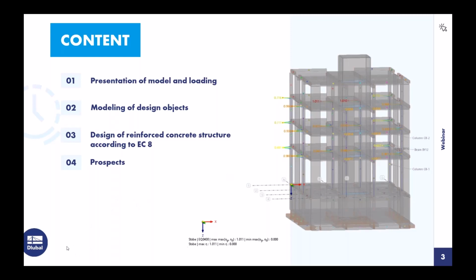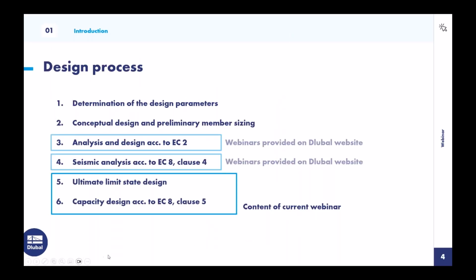We can go to the next slide. I have prepared the slide as orientation. If you think about the design process for concrete members for a seismic design situation, divide this process into the following phases or steps. The first and second steps are the preparation, and then the analysis and design according to Eurocode 2 comes.